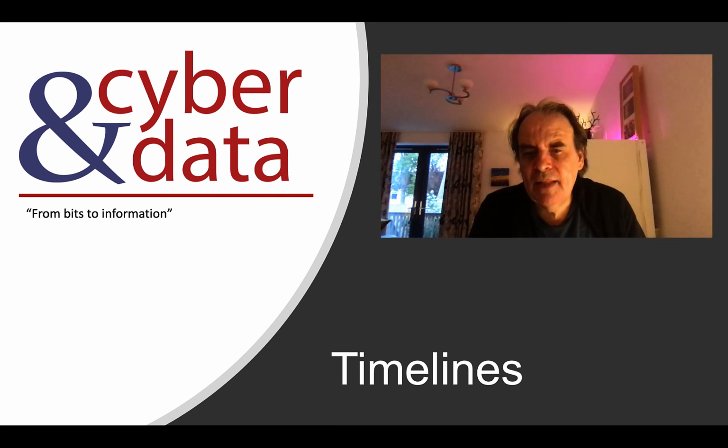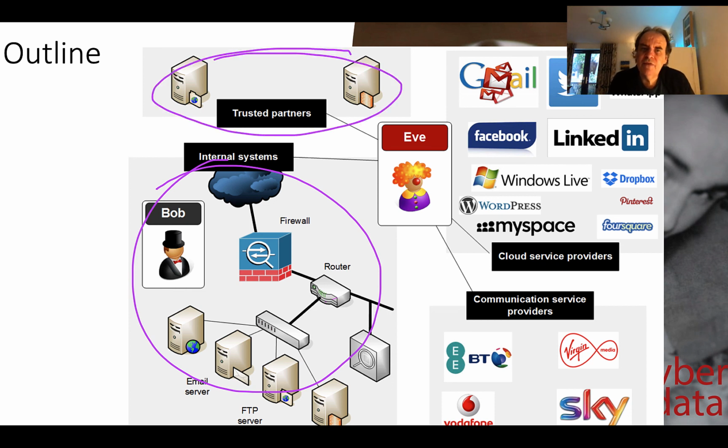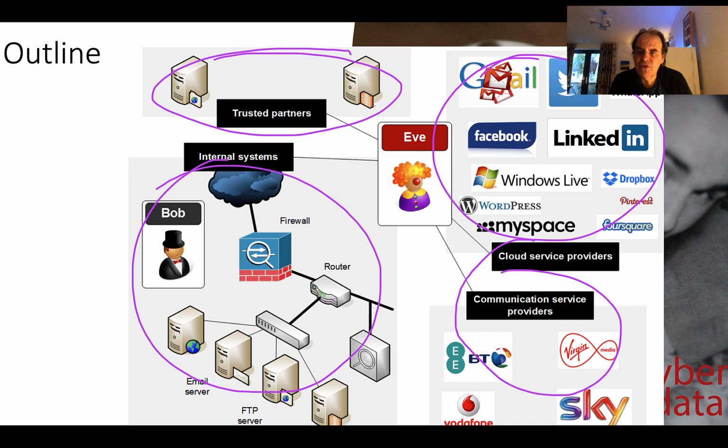An important element is then to build up a timeline of an incident. So the timeline might be coming in from our internal systems. We might be gathering data from trusted partners. We might also be looking at open source intelligence, but then getting information too from our internet service providers and communication providers.